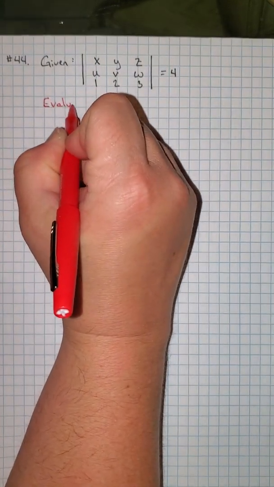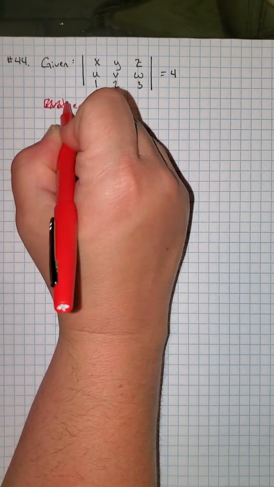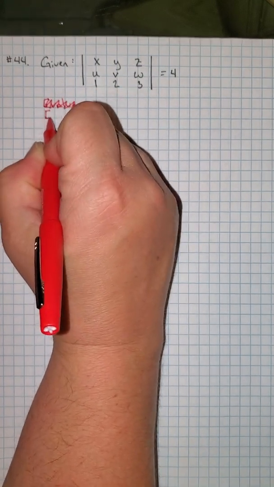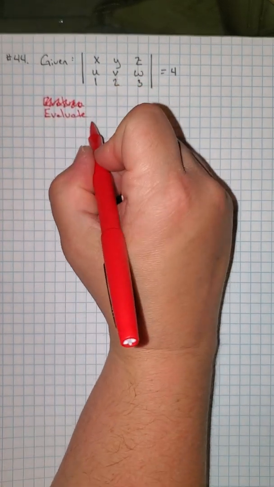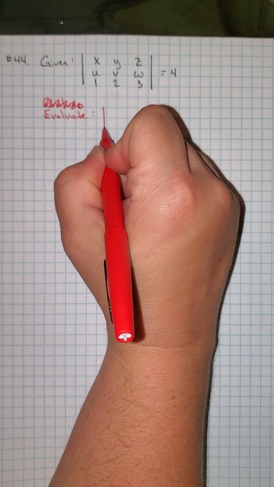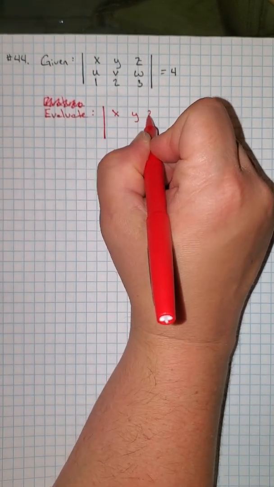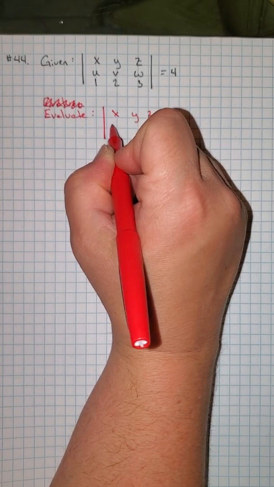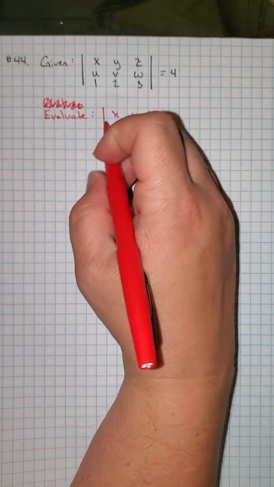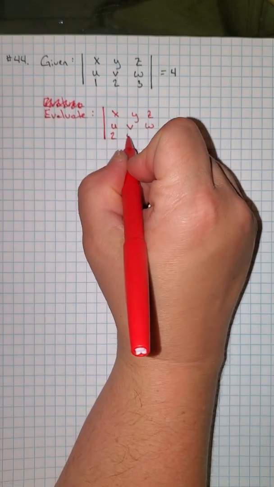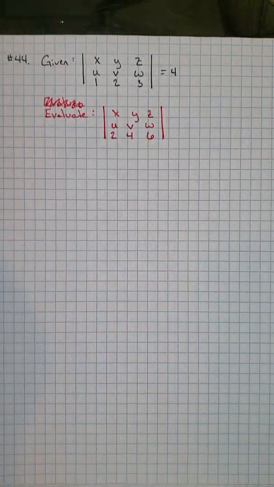And they want us to evaluate this determinant, with X, Y, and Z in the top, U, V, and W in the next row, and 2, 4, and 6 in the last row.